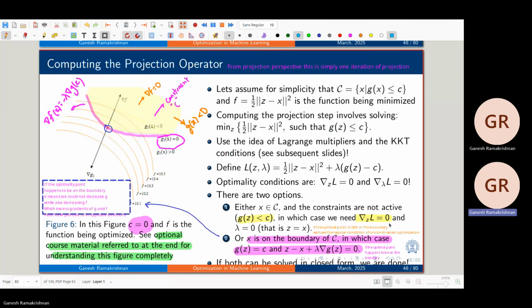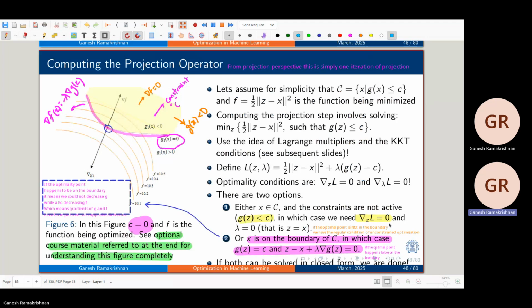If z is on the boundary, then what do we expect? First of all, if I move in the direction of the gradient of g1, I'll come out of the constraint, and I don't want to come out of the constraint.